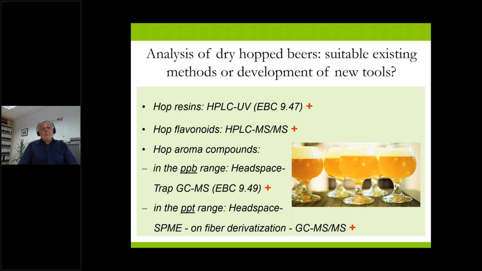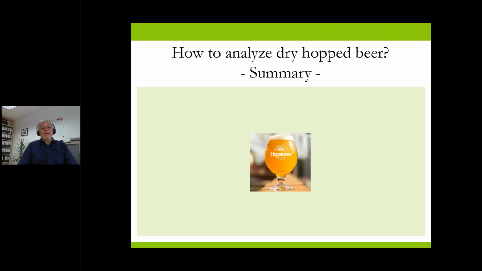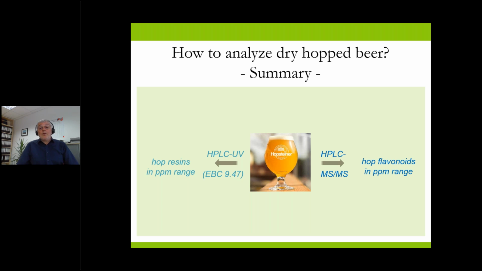Yeah, this is then already more or less the summary and the end of my presentation. Again, one slide that summarizes what I told you just before. For hop resins in the ppm range, the HPLC-UV is the method of choice, according to my opinion. For the hop flavonoids in the ppm range, we have the HPLC-MS method.